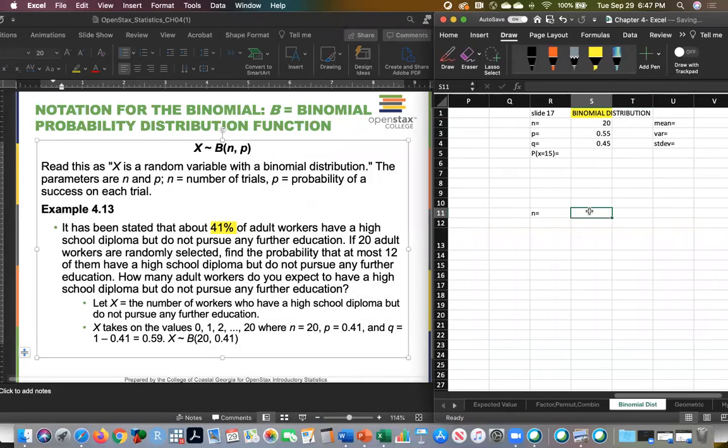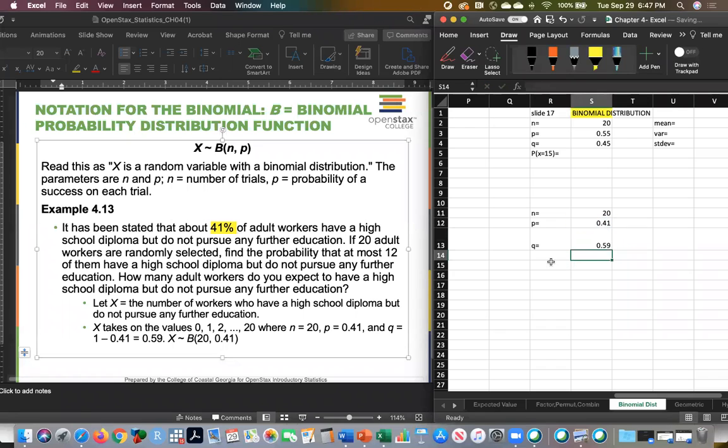The probability of success is going to be equal to 0.41. And the probability of failure, q, is going to be equal to 1 minus the probability of success.